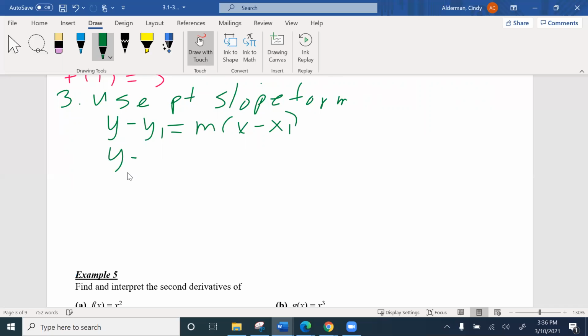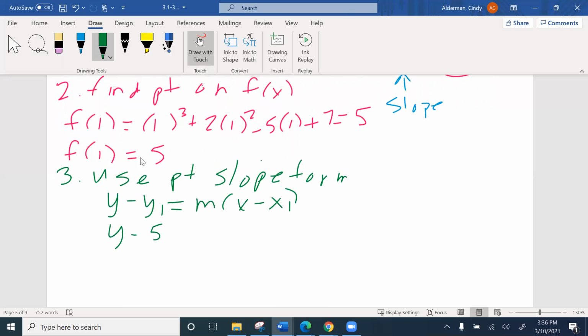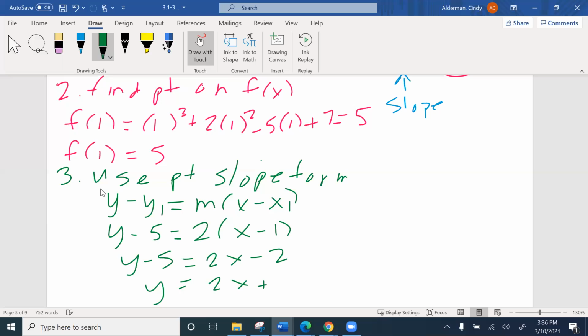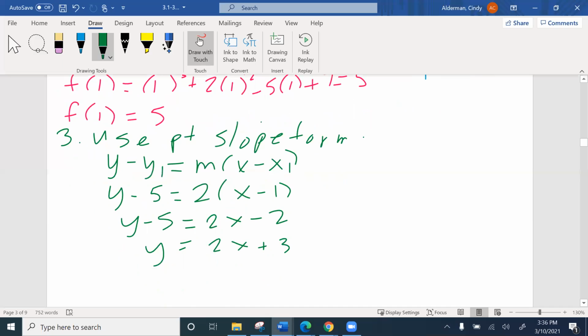We know one y value is 5, right here, 5 and 1. We know the slope is 2. And we know an x value that we're interested in, that's the 1 value. So if you just solve for y here, you'll get 2x plus 3, which is, if you look back at the original diagram, I'll let you finish writing that.